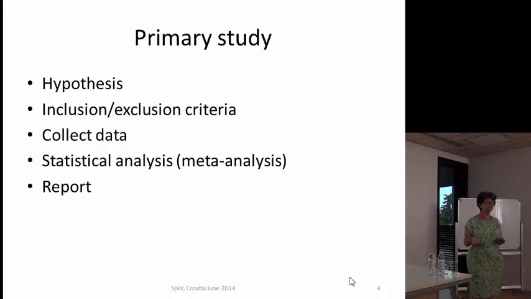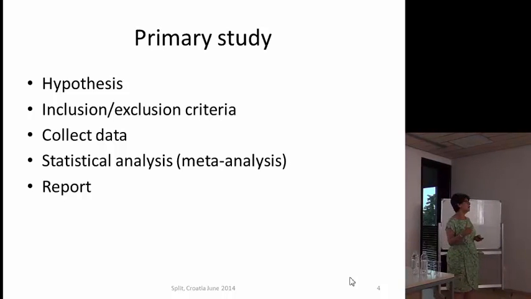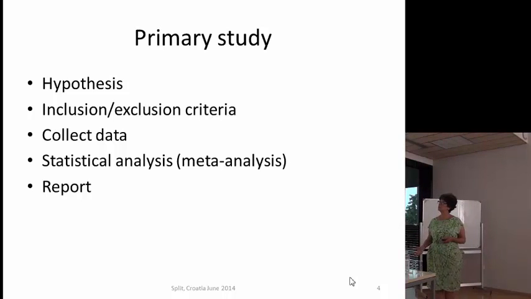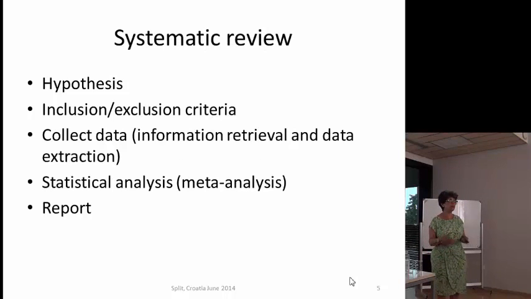You decide what population and in what setting you're going to use to test your hypothesis. You collect data from the subjects or participants or units. Say you're doing hospital-level studies, so you might compare hospitals rather than individual patients. You then do a statistical analysis, and you write it up in a report which you hope to get published somewhere and further your career.